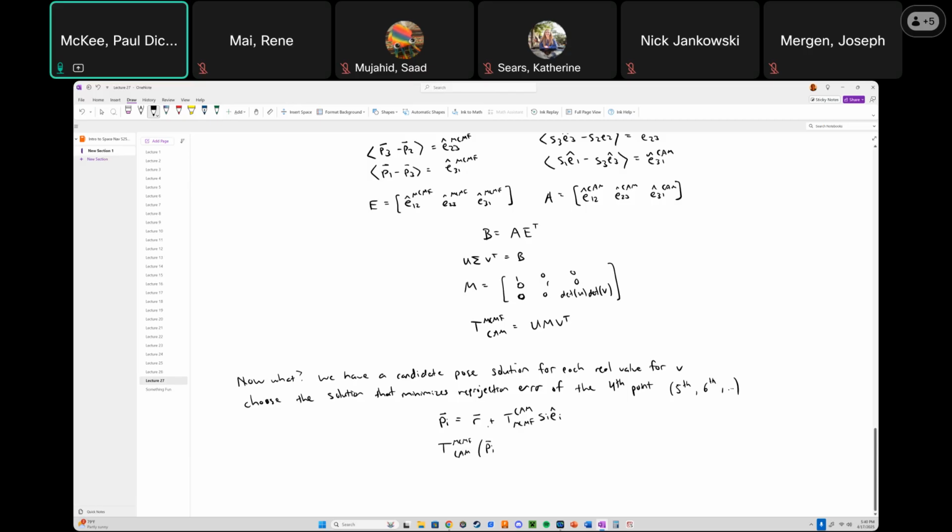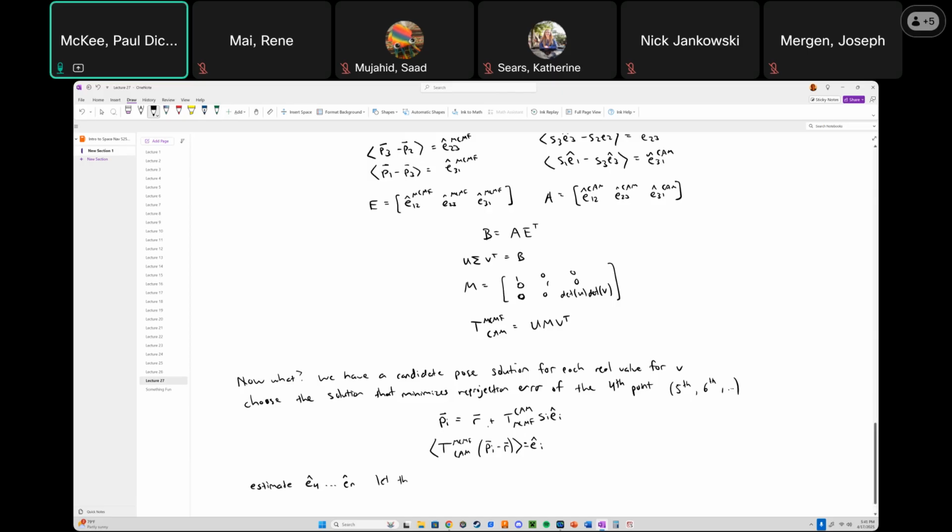Ti minus R. And if you normalize this, this should be Ei, right? That's the idea. So you should be able to compute the line of sight direction that you should see if your answer is correct. So I would say estimate E4 all the way up to En for however many points you have.